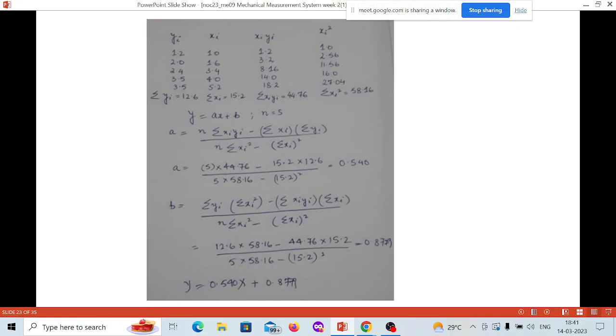We have the relation y of the line which has been fitted, so we substitute all the x values and find the y values. For x equal to 1 you will get 1.419, for x equal to 2 we get 1.743, for x equal to 3 we get 2.715, for x equal to 4 we get 3.309, and for x equal to 5 we get 3.6.